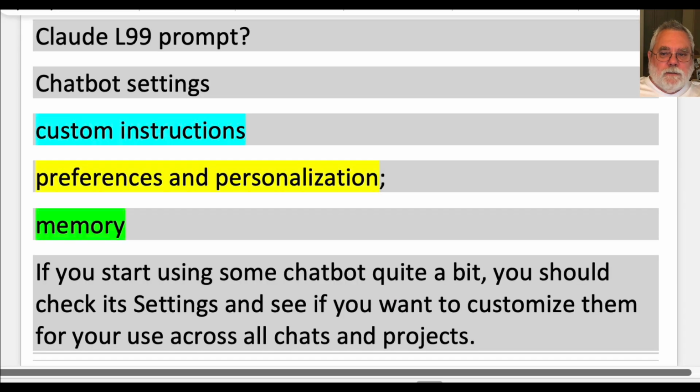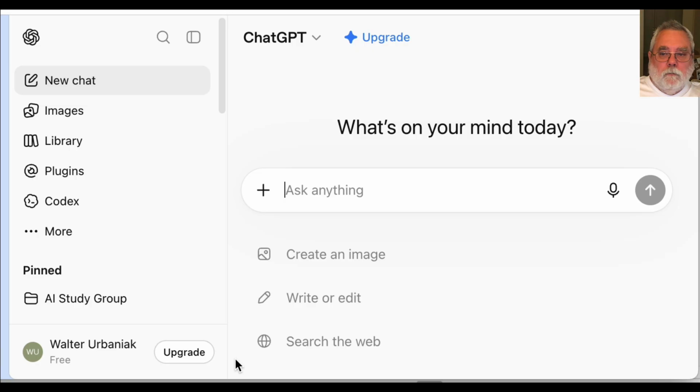If you start using some chatbot quite a bit, you should check its settings and see if you want to customize them for your use across all chats and projects.